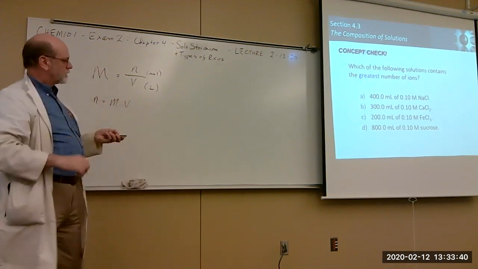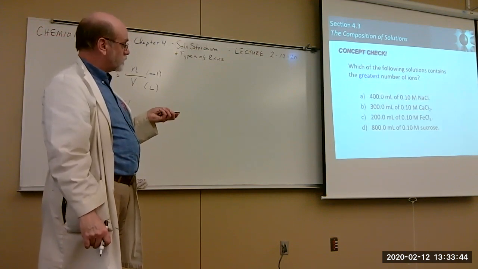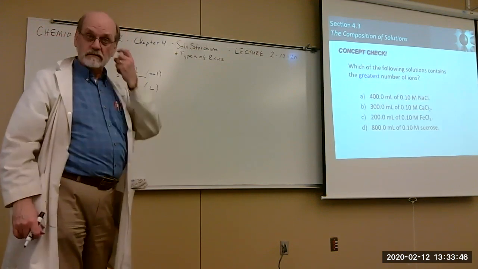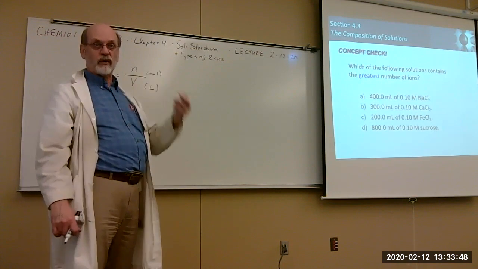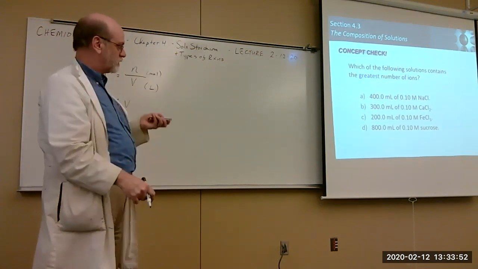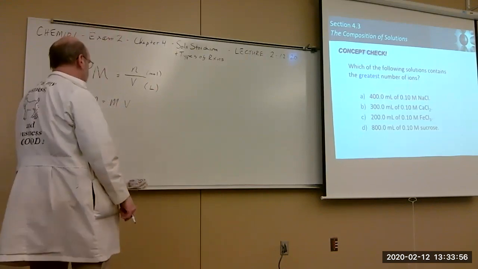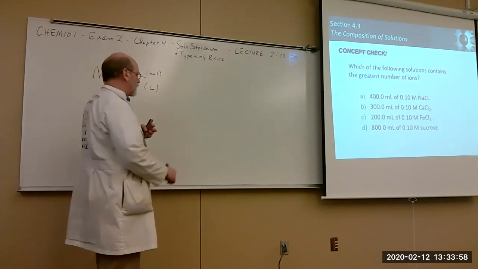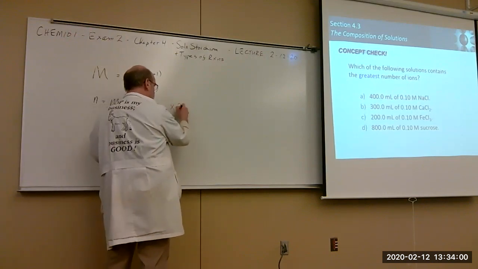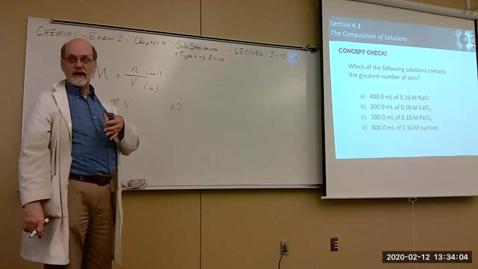So if we take this one and convert that to liters, right? 400 milliliters is 0.4 liters, right? Move 3 places to the left to give you liters, times this. Then you get a value for sodium chloride. But when you do, the number of ions is actually twice that, because sodium and chlorine break up into ions.